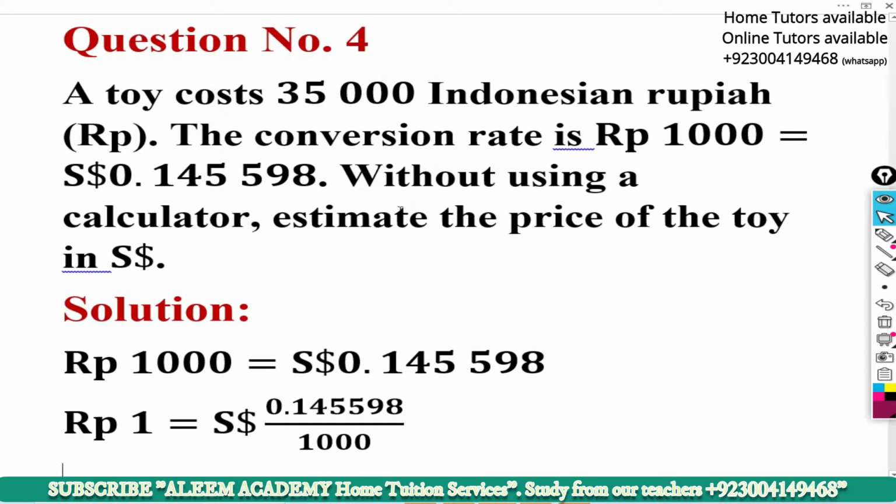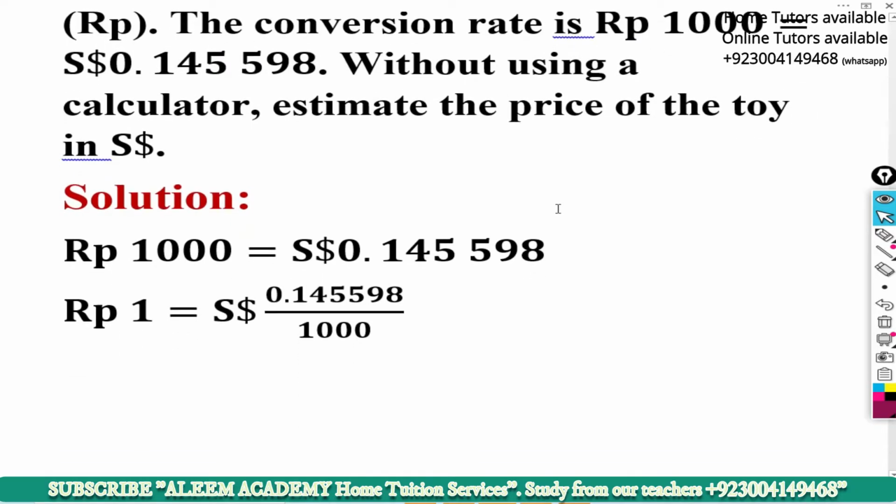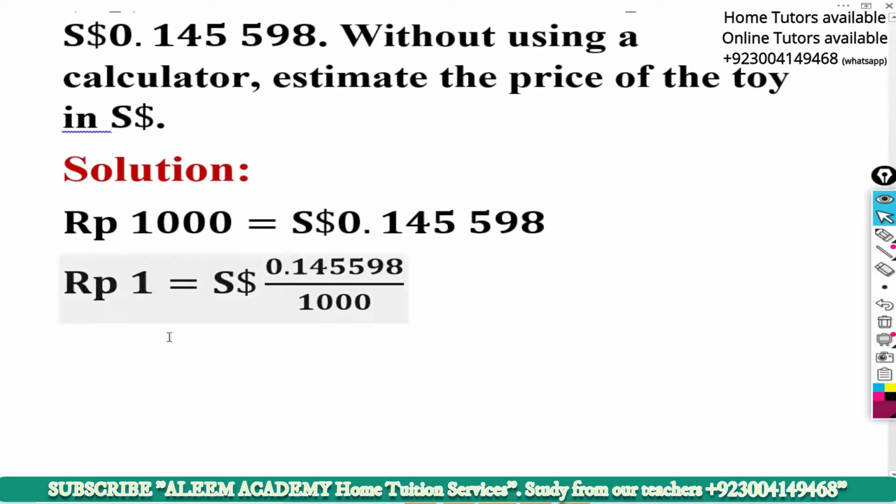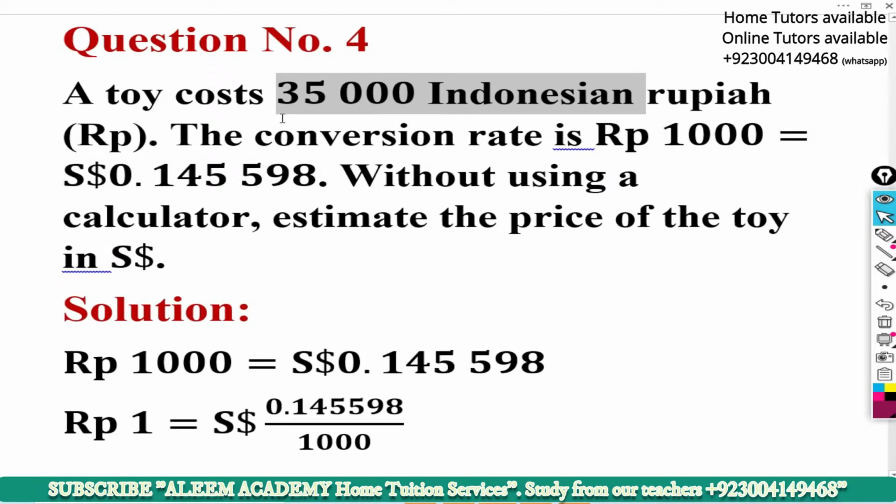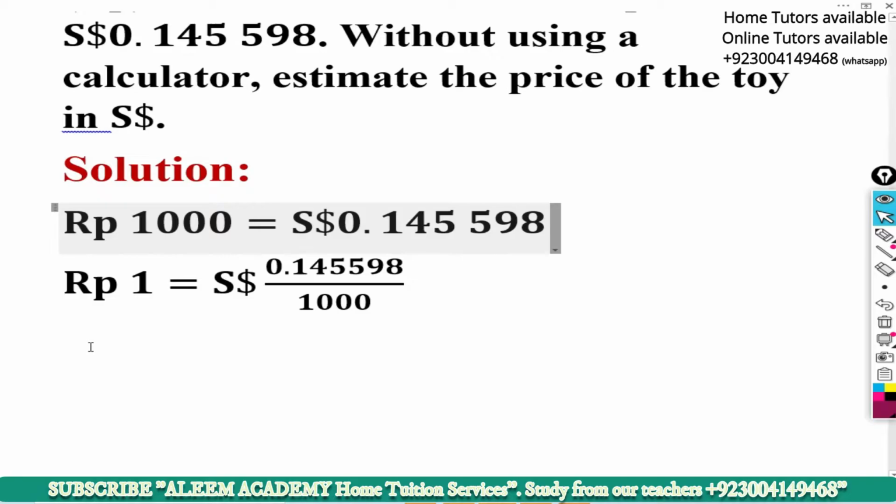Next, we have to find the cost of the toy, which is 35,000 Indonesian rupiah, so we have to estimate the price of the toy. So this is 1 rupiah. What do we have to find? We have to find the value of 35,000 Indonesian rupiah. So multiply by 35,000 on both sides.